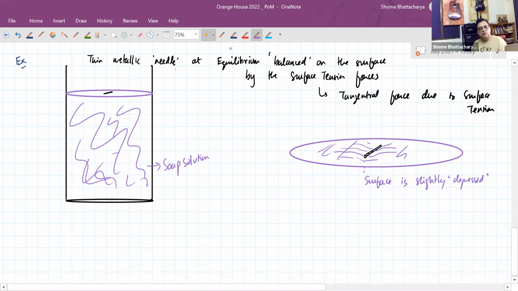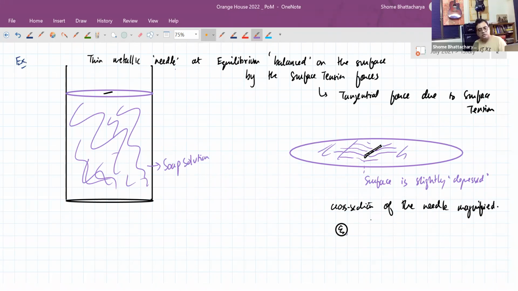So if we draw a magnified diagram of the cross section of the needle, what we'll observe is at the surface where it is present, it has caused the surface to get bent or distort like this.